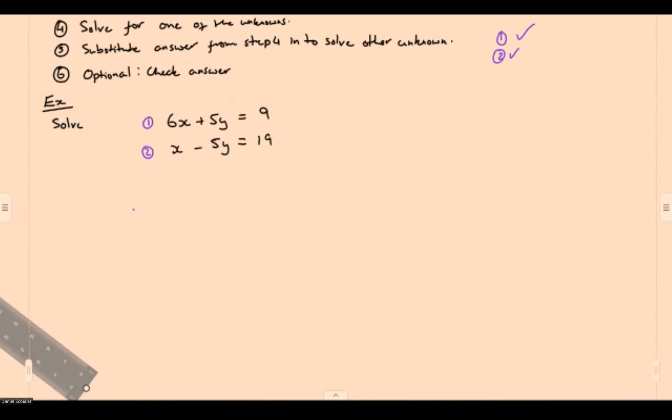Whether we add or subtract depends on the fact we are trying to eliminate one of the terms. We're trying to eliminate the y's in this case. If we add these expressions together, we're going to eliminate that y, because we have positive 5y, and we're adding to that negative 5y.